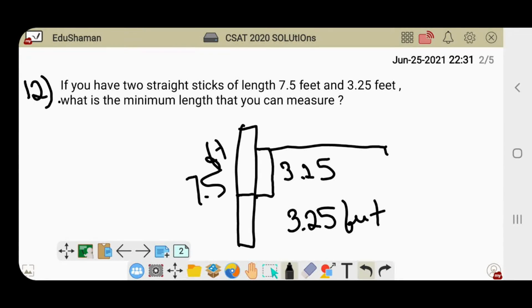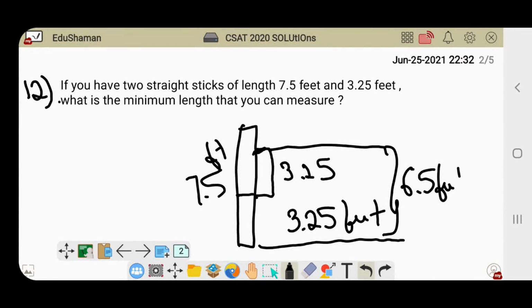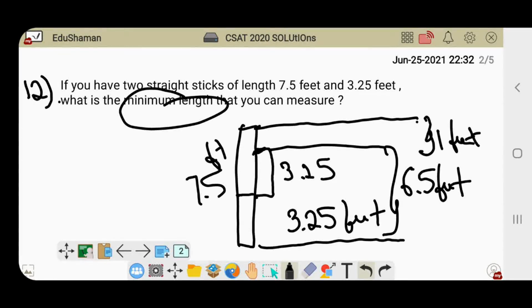So the total length from the bottom of the longer stick to this particular point over here would be 6.5 feet. So if we deduct 6.5 from this top 7.5, then this distance would be 1 foot. So 1 foot is the minimum length that you can measure, which is given in option C.